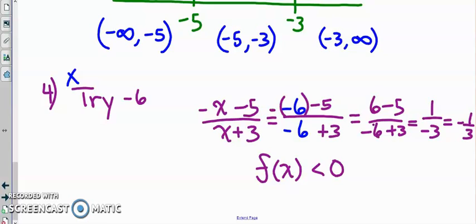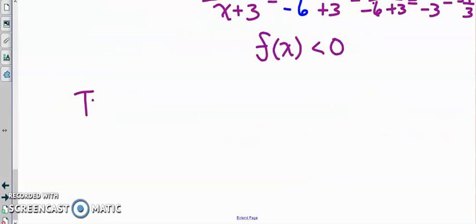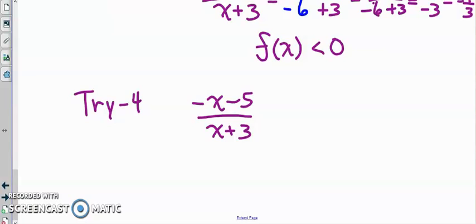All right, so let's go to the next one. Let's try -4. And so we're doing again -x minus 5 over x plus 3. I'm going to try -4 into it. So negative already. And then we have -4, parentheses around that, minus 5. Then we have -4 plus 3 on the bottom.